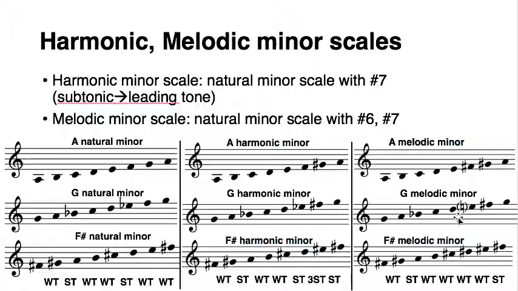Here's how all of them sound. Here's G minor, the natural minor version. And here's the G harmonic minor with that big gap between scale degrees 6 and 7. And finally, the melodic minor, or the ascending melodic minor version of G minor.